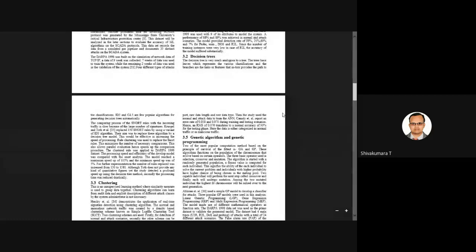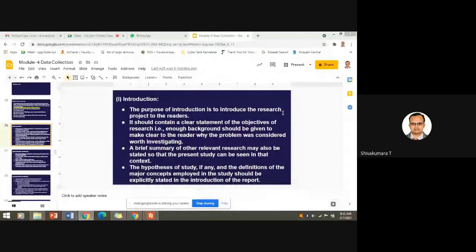These algorithms have more importance in machine learning. Such concepts you are going to redefine under your research study hypothesis, and you are going to write that in the introduction.